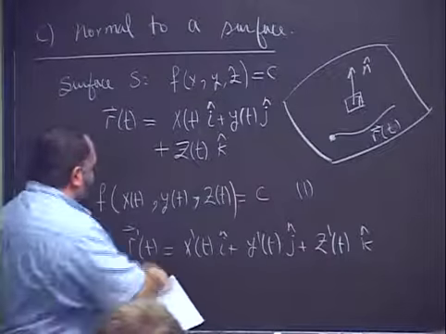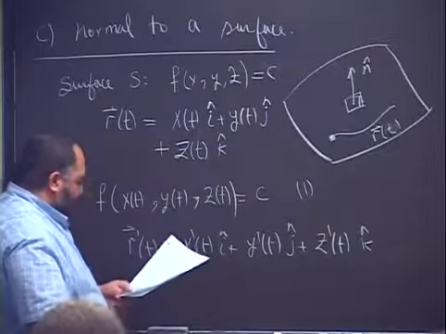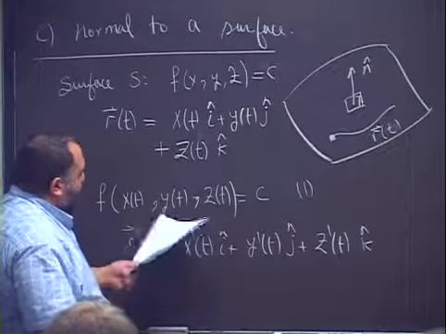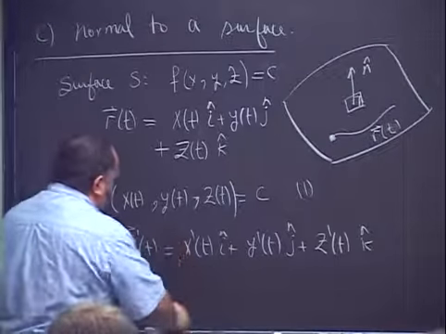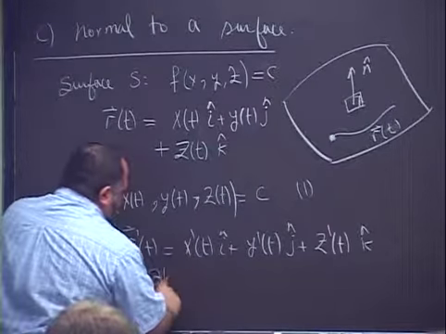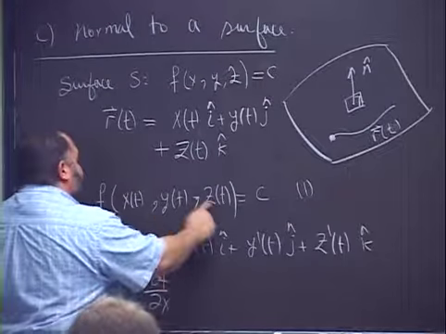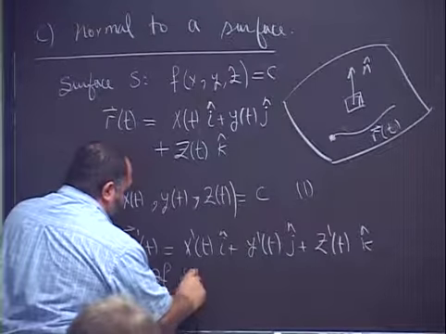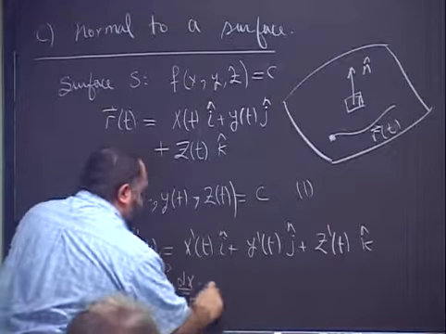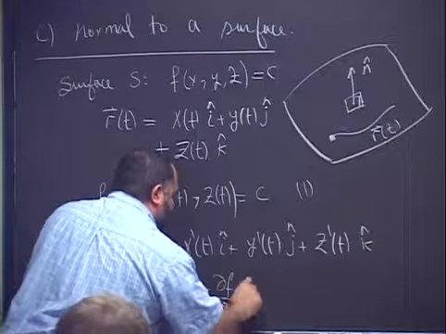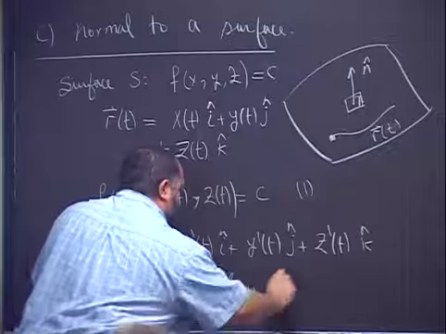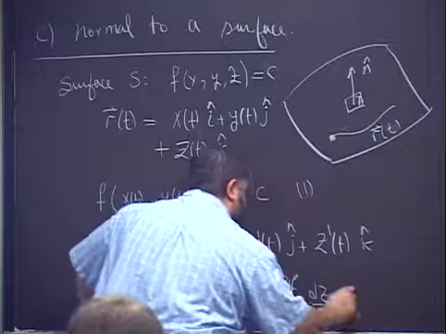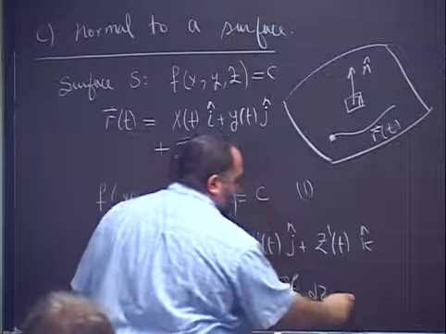If you try to differentiate the function f of x of t, y of t, and z of t, you will notice that the differentiation yields df, because it has three independent variables, x, y, and z. So it will be df by dx multiplied by dx by dt, plus df by dy multiplied by dy by dt, plus df by dz multiplied by dz by dt, and it is equal to the left hand side, the differentiation of a constant, equal to 0.